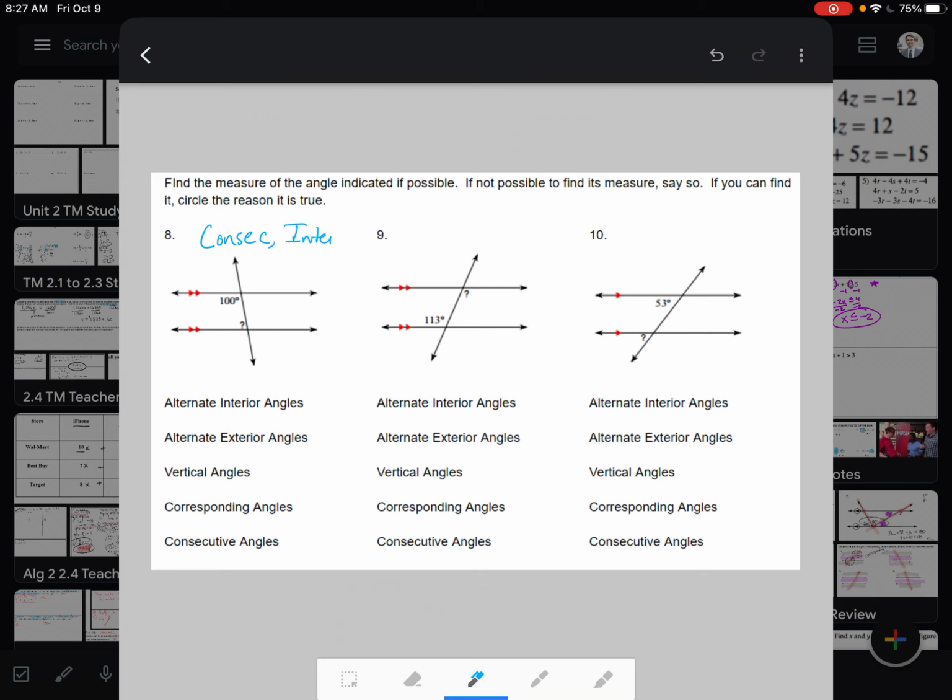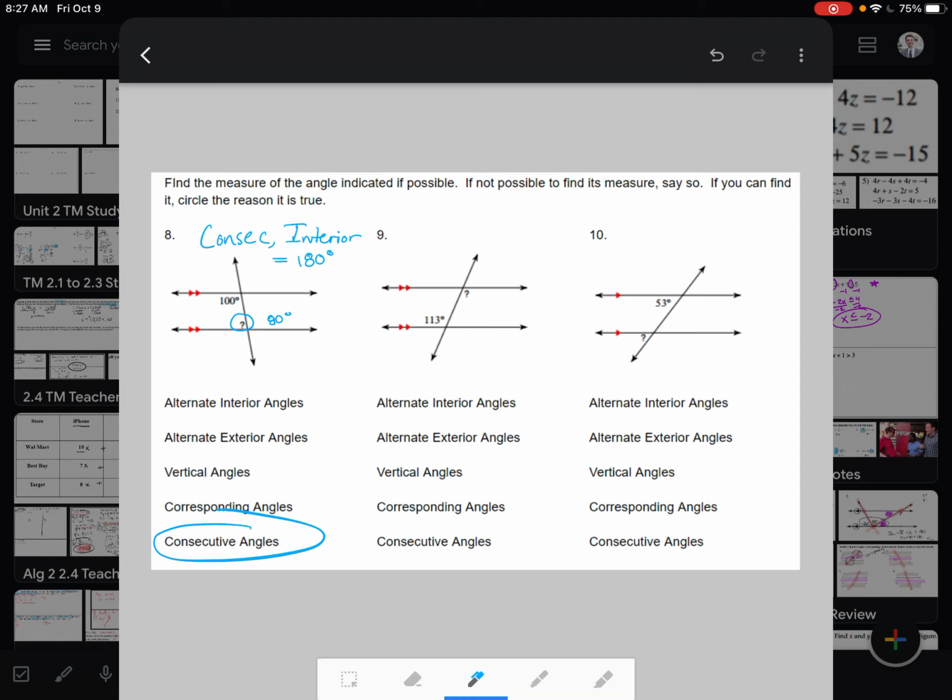It is also both on the interior, so consecutive interior angles add up to 180 degrees, which means that our question mark here is going to have to be 80, because 100 plus 80 gets us to 180 degrees. So we have consecutive angles, and then we solved for it, it is 80. This is the reason why it's possible to solve.